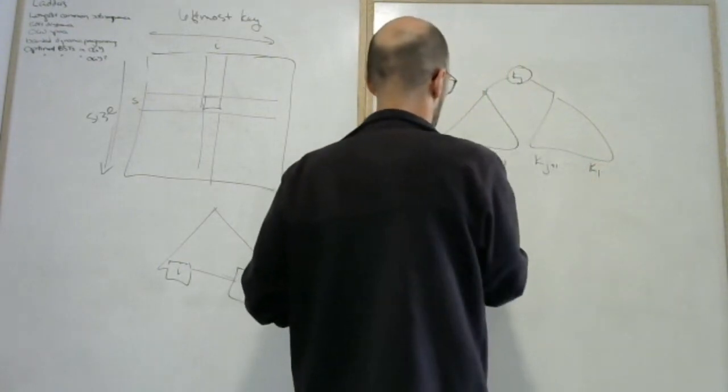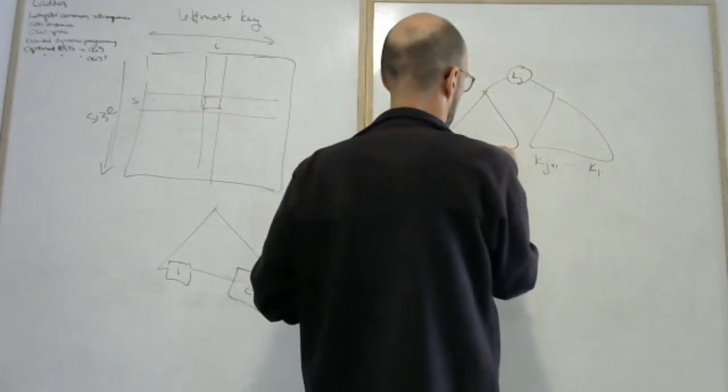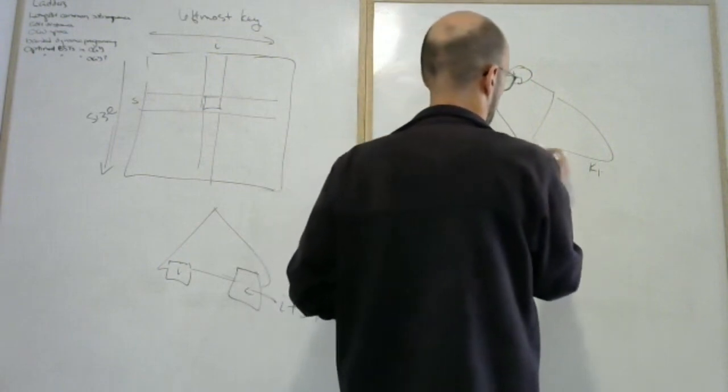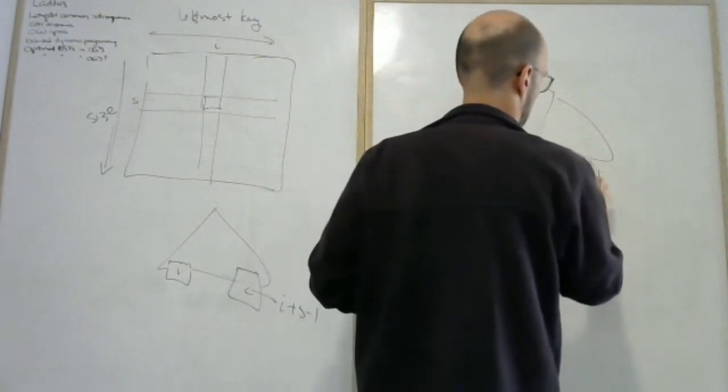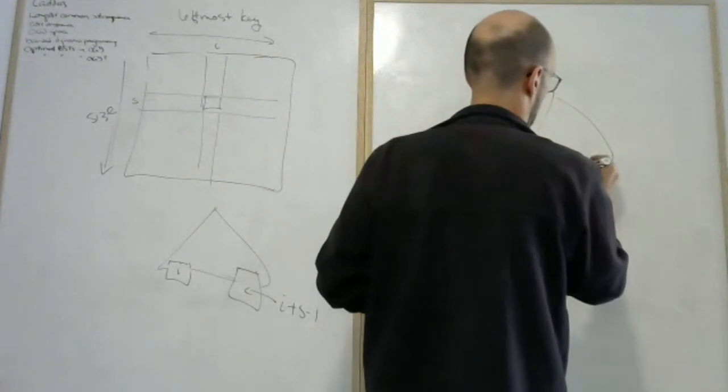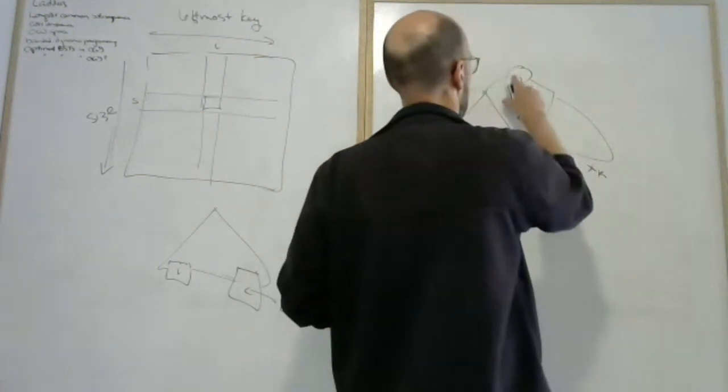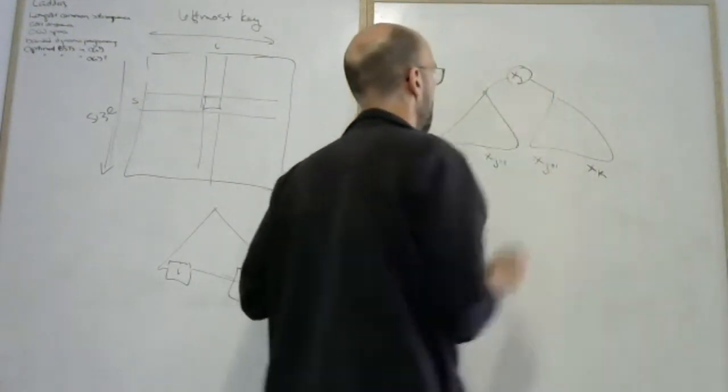This is going to be x, not k. x sub k, because we don't want k sub k.